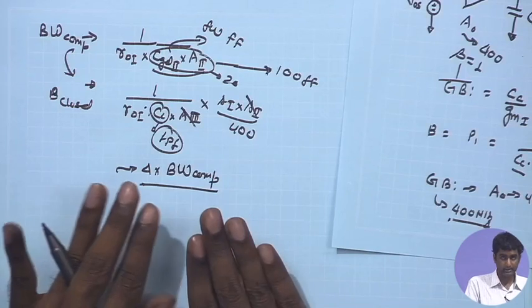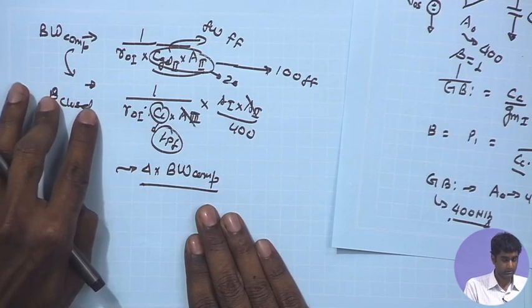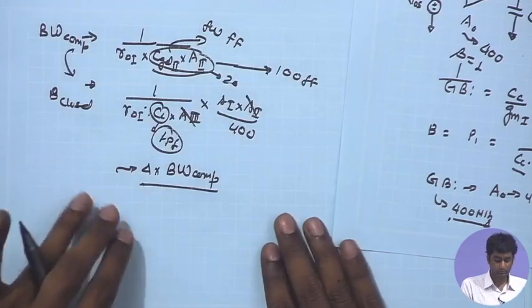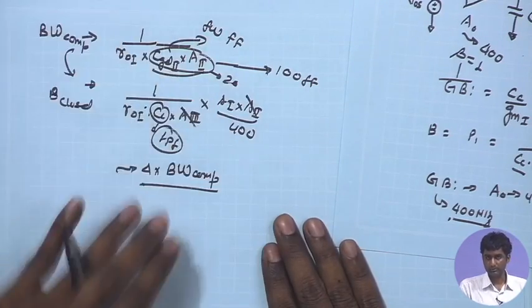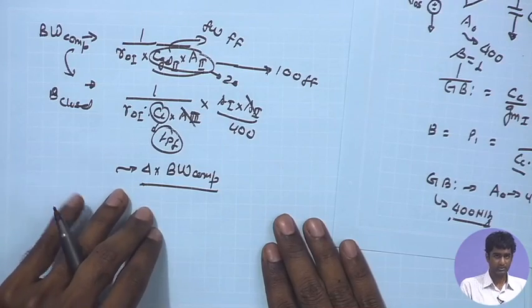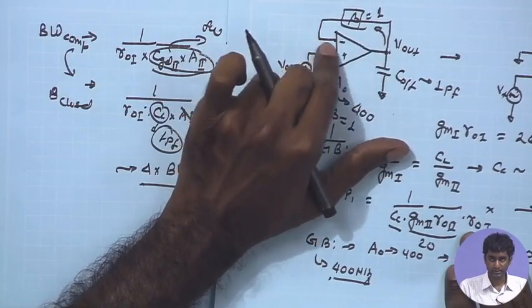So, at least as per these numbers, the closed loop bandwidth that we are getting for the voltage follower operation is higher than the original bandwidth of the comparator that we started with. And therefore, in this closed loop operation, we may not really be concerned with the settling time or the speed response of this loop.